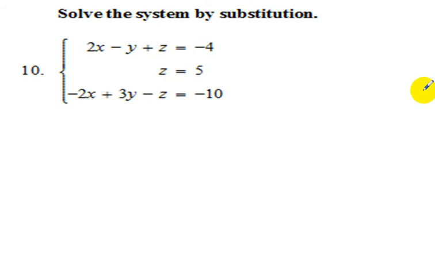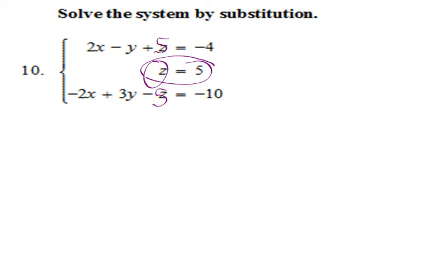Number 10 says solve the system by substitution. So they made this quite easy because they gave us one already solved for a variable, z. So that is our hint that in the other two equations, everywhere there's a z, we're going to replace it with a 5. Right? And when we do that, we can solve.